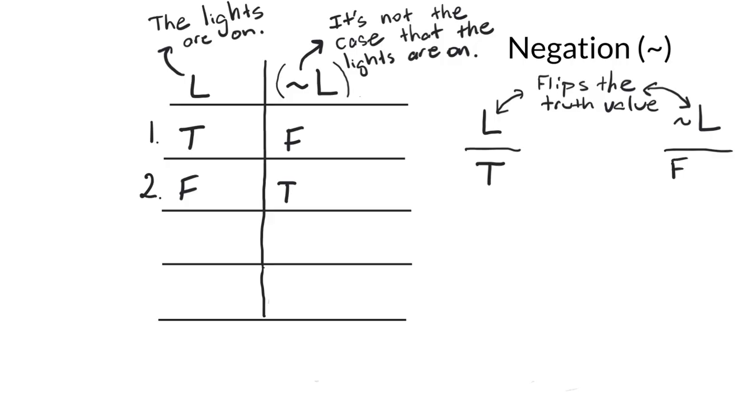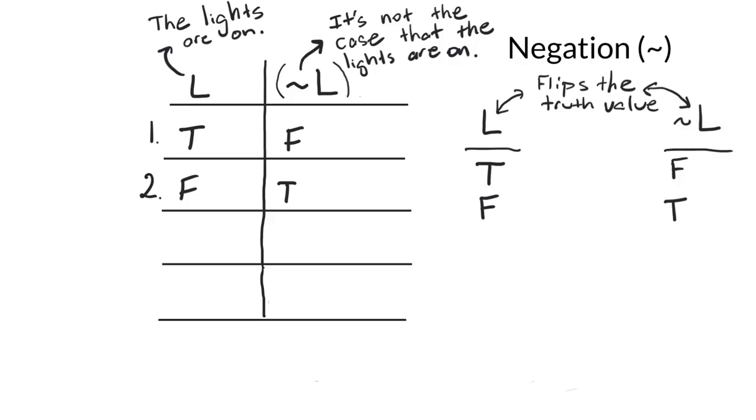So L compared to tilde L, if L is true, tilde L is false. And if L is false, tilde L is true. Or it goes the other way. If tilde L is false, L is true. And if tilde L is true, L is false. So that's really easy, or at least the easy version of how the negation works with atomic statements.